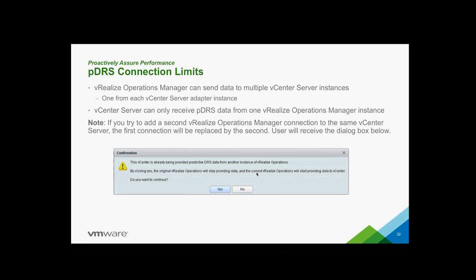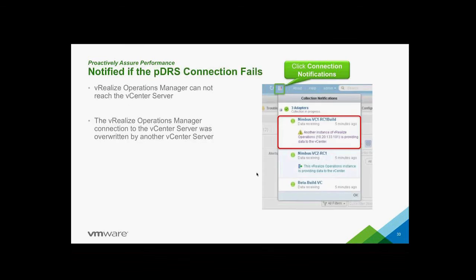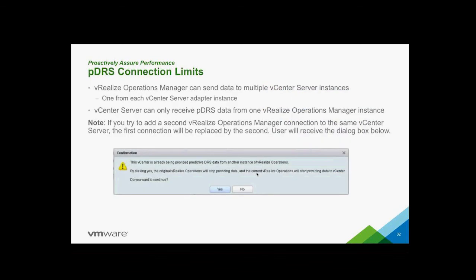That could happen in case the vROps instances are predicting differently, based on how the dynamic thresholds have been calculated, or how long they have been running, or how far apart they are in terms of age. If you do that, you will get a simple warning telling you that this particular vCenter is already registered. So let's say I'm trying to register the second vROps instance, it will switch over to the second one and disable the first one from getting DRS data from dynamic thresholds.